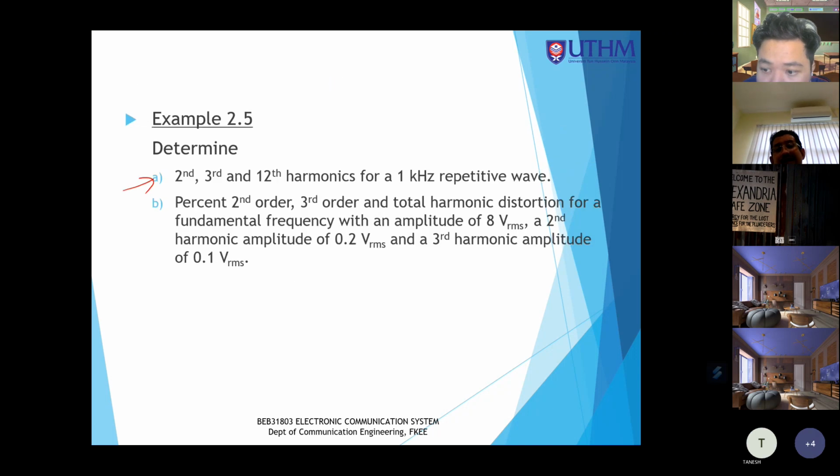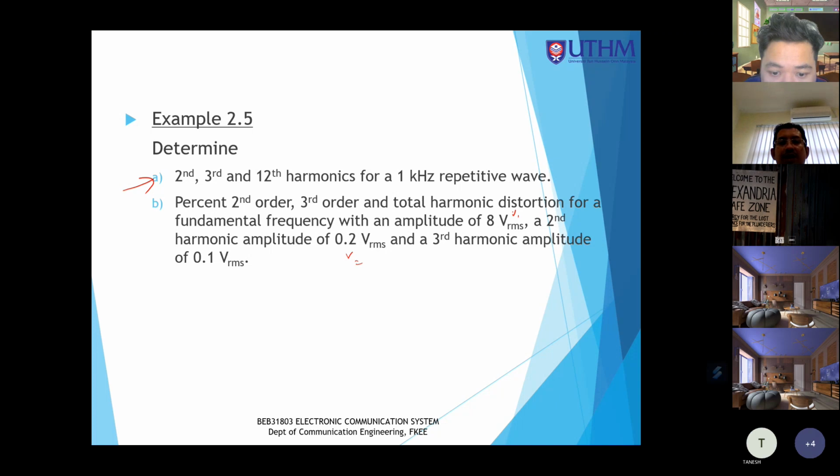And the second question said that find the percent second order, third order, and total harmonic distortion for a fundamental frequency with an amplitude of 8 volt RMS for fundamental V1. This is V1, and second order harmonic amplitude is 0.2.